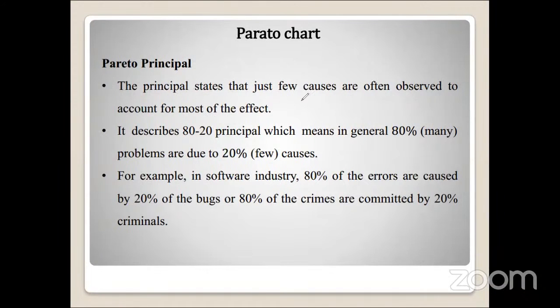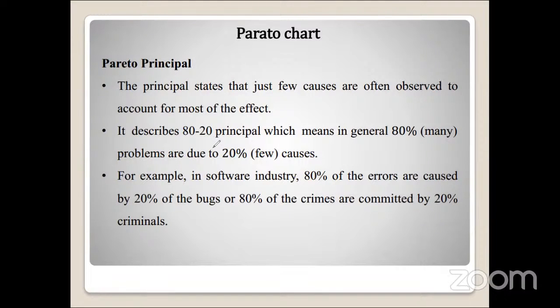This principle states that you can highlight the few causes which are observed to be very effective or sensitive. Among a lot of causes, very few of them are really affecting your study, so you want to highlight those.